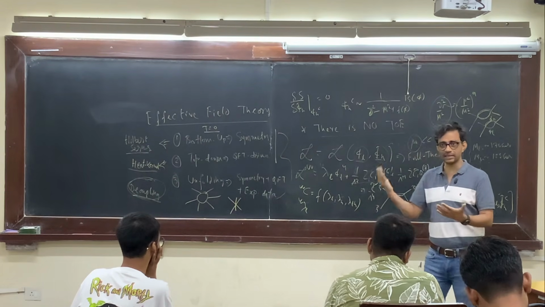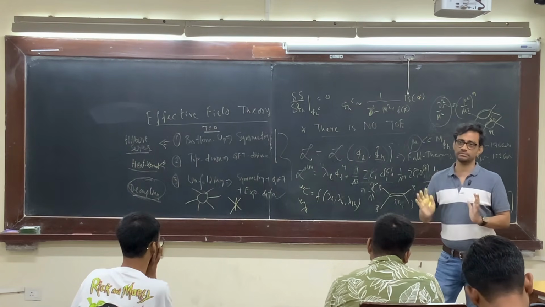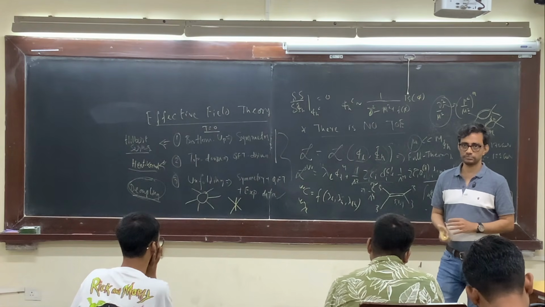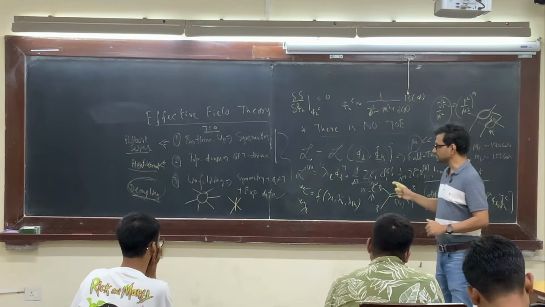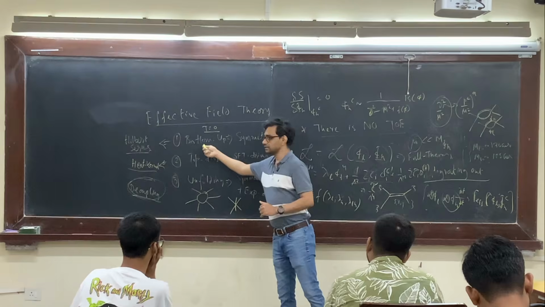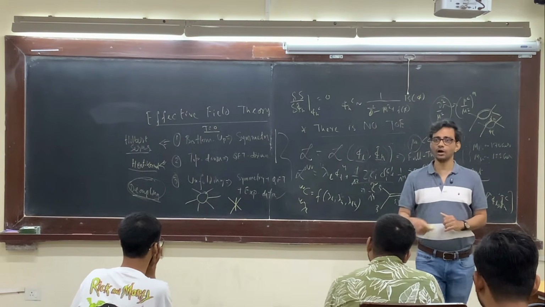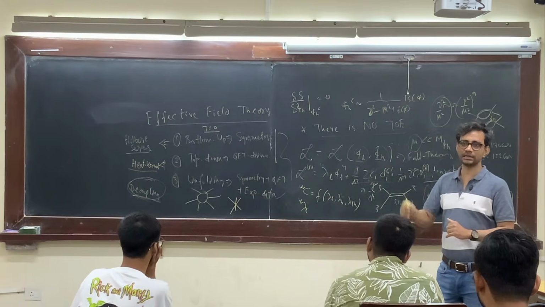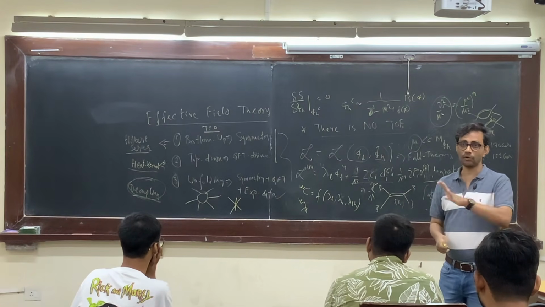But here it is the same thing: if you add a complete set of operators and renormalize order by order, you play the same game. That complete set of operators is finite. Exactly. And that is the number this method tells you: at the dimension 6 level, the dimension 8 level, what the number of operators is. The method tells you how to count that, because it depends on your degrees of freedom and your symmetries.